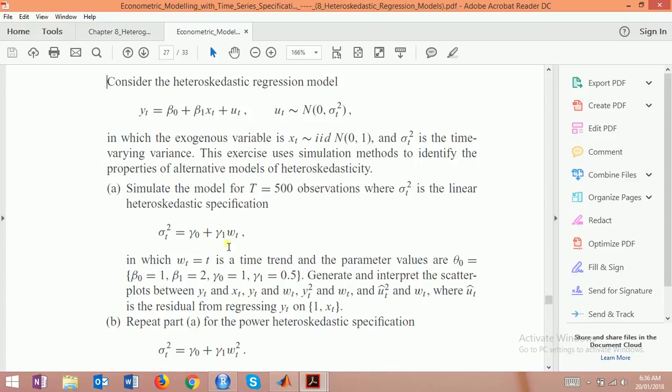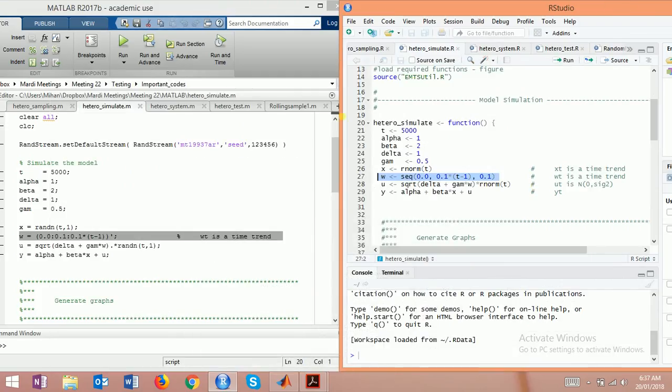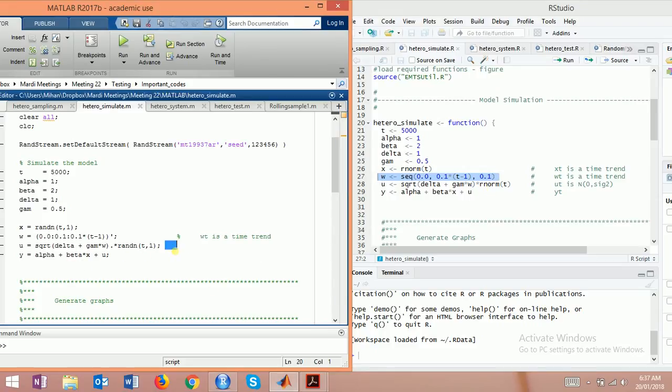Here gamma naught is 1 and gamma 1 is 0.5, we are just passing delta and gamma for ease of use. So sigma square is delta plus gamma omega, so the square root of delta plus gamma omega multiplied by again rnorm, normally distributed.